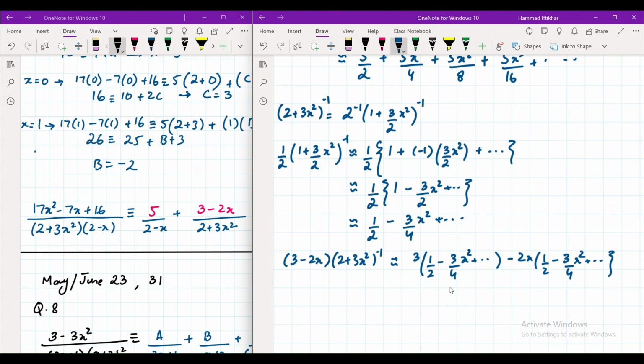So this would become 3 by 2 minus 9 over 4 x squared. Then we have minus x, because 2 divided by 2, plus 6 over 4 x cubed.